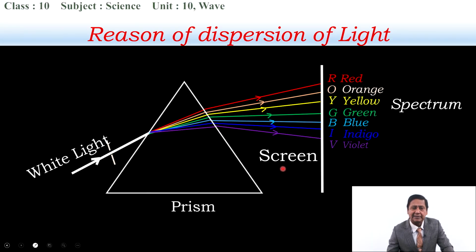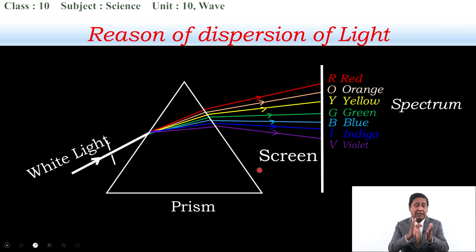Now, what is the reason for dispersion of light? Why does this white light separate into 7 different colored lights? What is the reason why light disperses into 7 different colored lights? I want to explain about this. Actually, what happens: in a previous class I told you that when light enters from one medium to another medium, then its velocity changes.